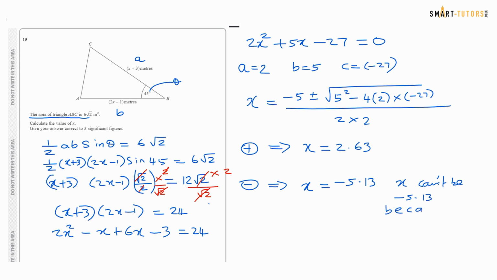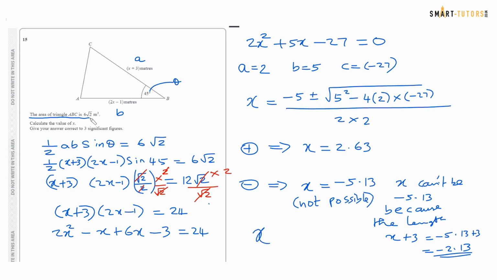So if you put minus 5.13, the length is going to be negative. So x can't be minus 5.13 because the length x plus 3 is going to end up with a negative answer.